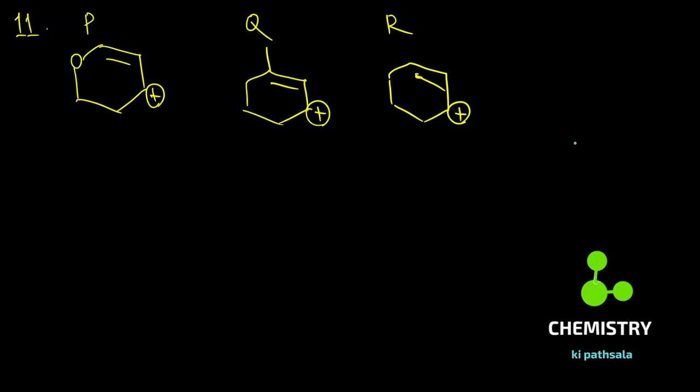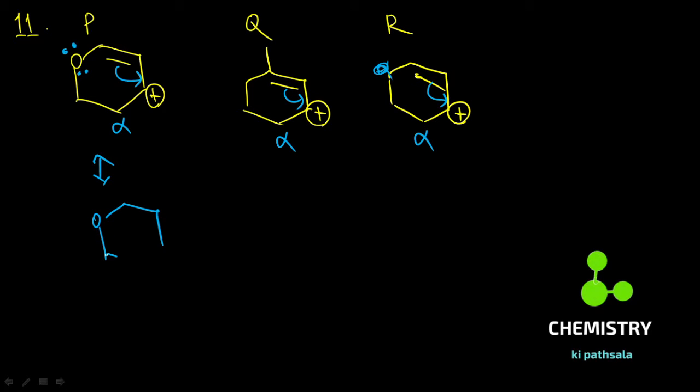Got it? Okay, so this is the question. Now alpha hydrogens are there, alpha hydrogens are there, alpha hydrogens are there. Now it's time to distinguish all the carbocations by the resonance.